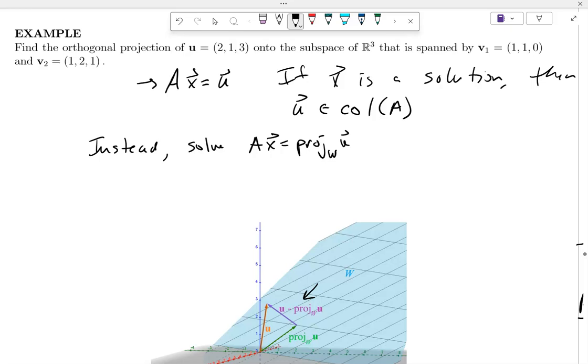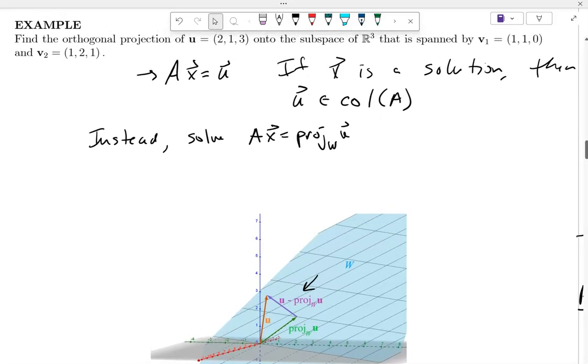So that's going to come here in a minute. All right. But to get to that idea, to get to a null space, I need the 0 vector, right? To start with. Okay. So let's do the following. Let's do u minus Ax, and u minus the projection of u onto W.